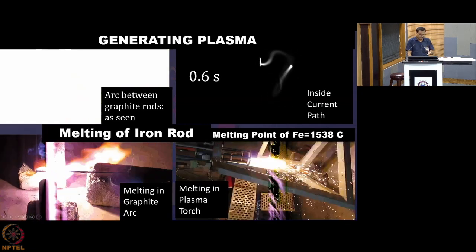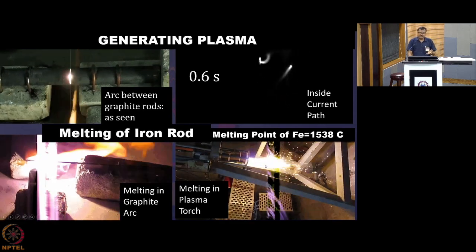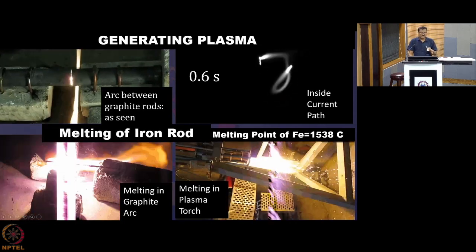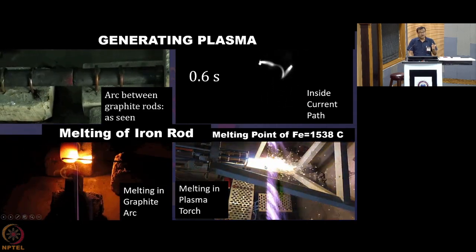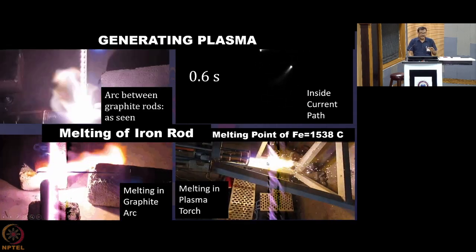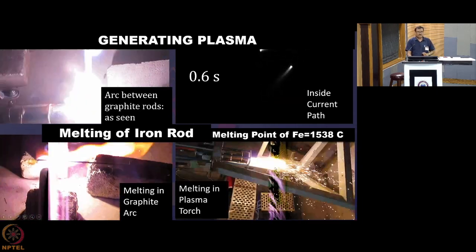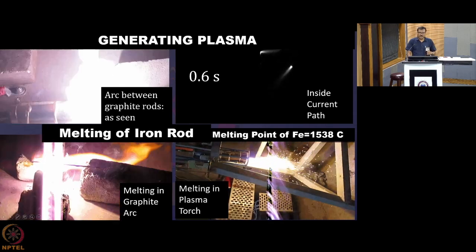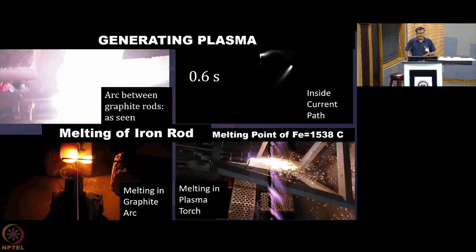If you want to melt something by some heating agent, it may melt, but it cannot melt instantaneously. So for instantaneous melting, the temperature of the plasma should be much higher than the melting point of the material. The exact temperature of the plasma, if you want to know, we will be discussing in our main course that will be coming up.